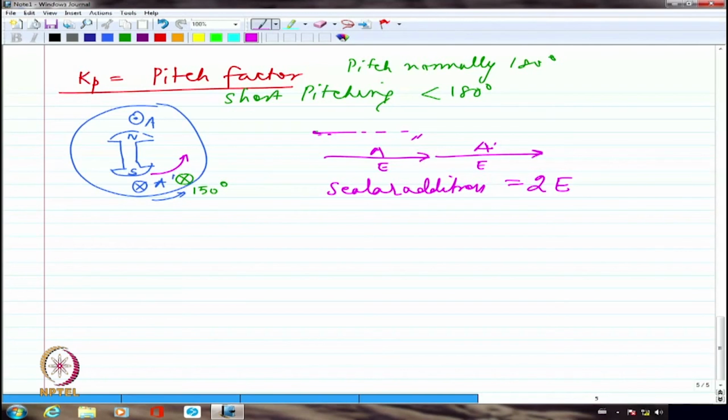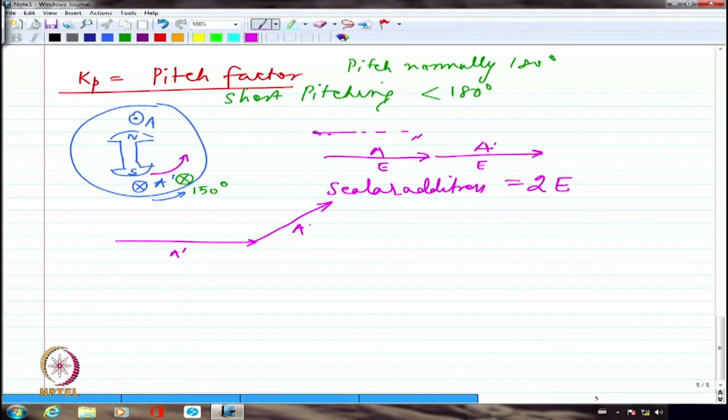So the two maximum voltages or peak voltages are going to be time shifted again. So I might say one of them probably is like this, the other one is somewhat like this. So maybe this is A dash and this is A.